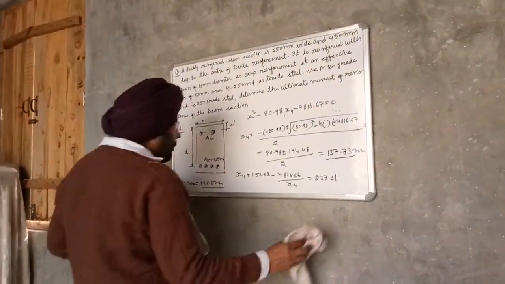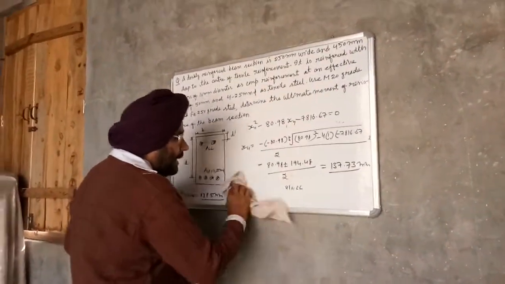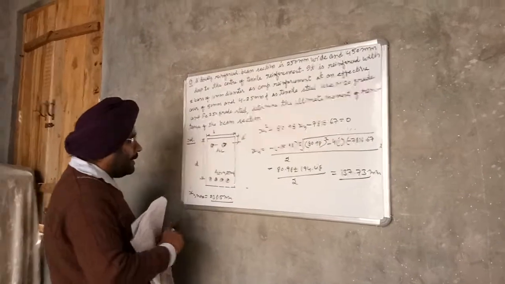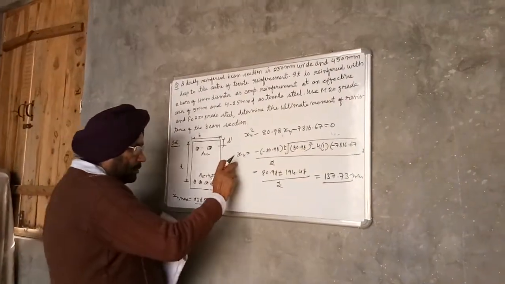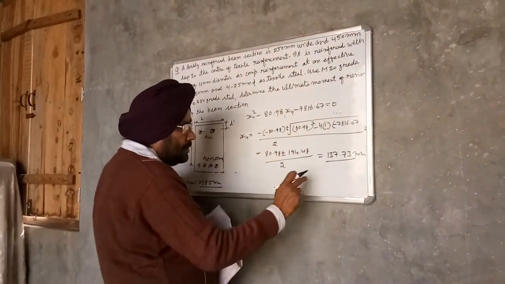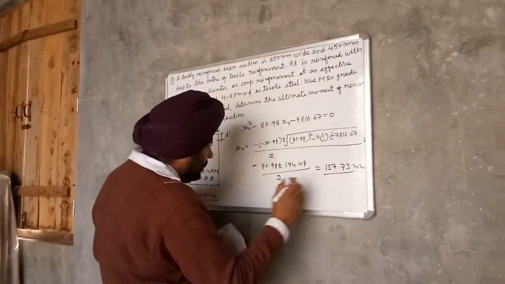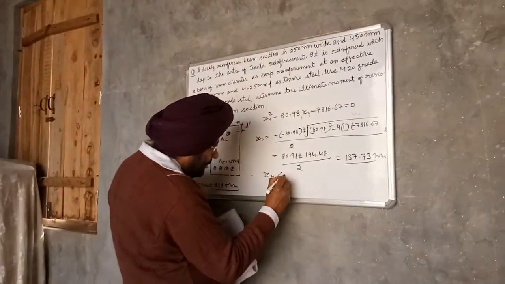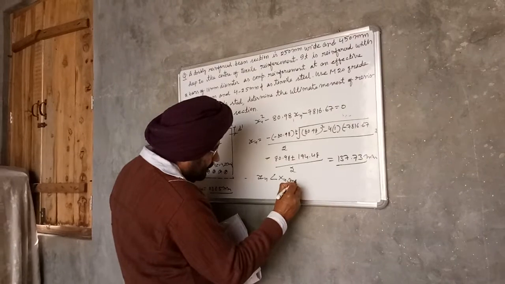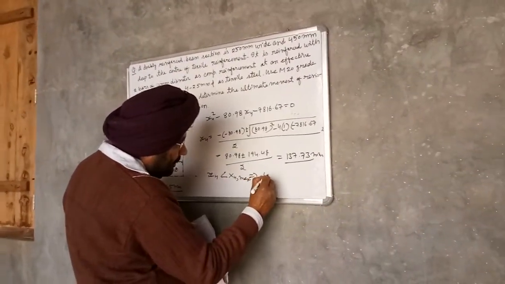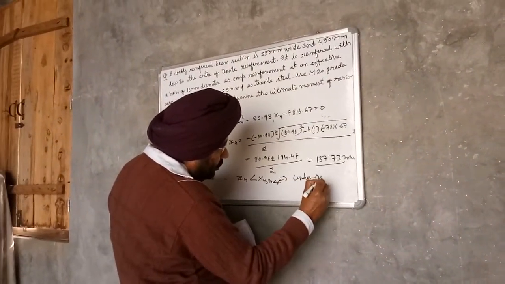Now the maximum depth of the neutral axis XU max is 238.5, and the actual depth of the neutral axis is 137.73. So XU is less than XU max, which means the beam section is under reinforced.